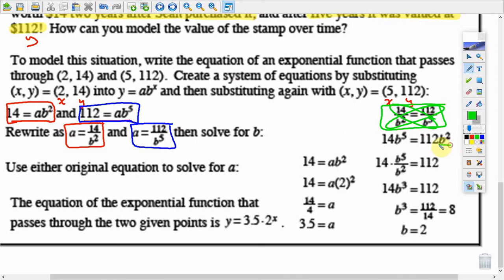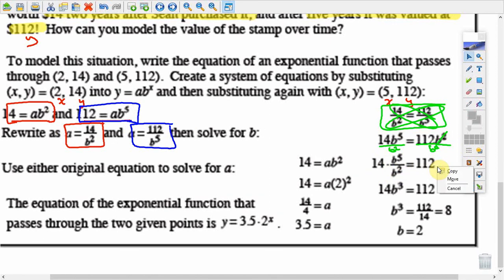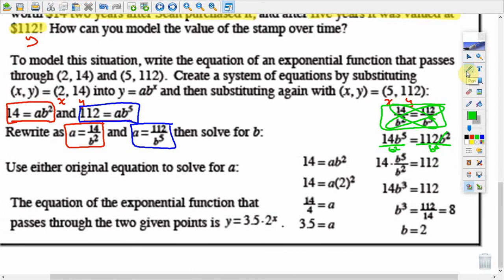Then we're going to divide both sides by b squared. And we're left with 14 times b to the fifth over b to the second equals 112. Remember that b to the fifth over b to the second simplifies to b to the third because of our exponential rules.